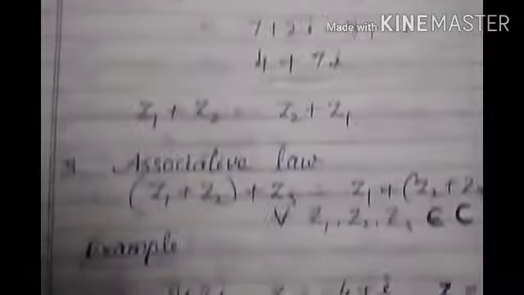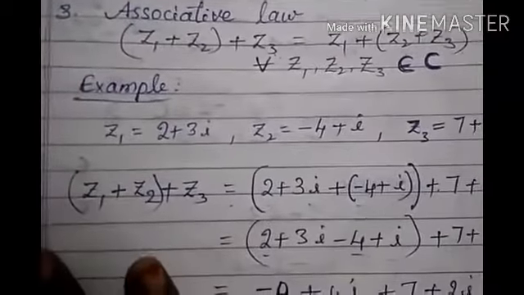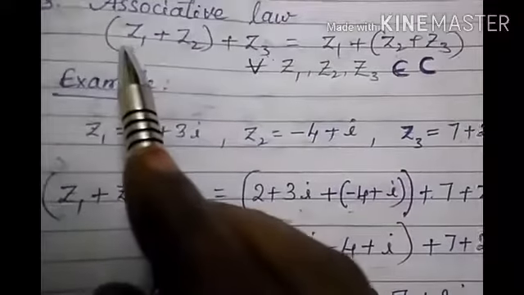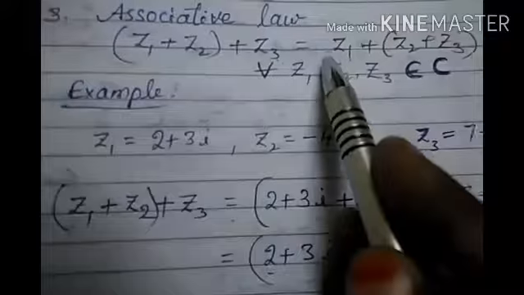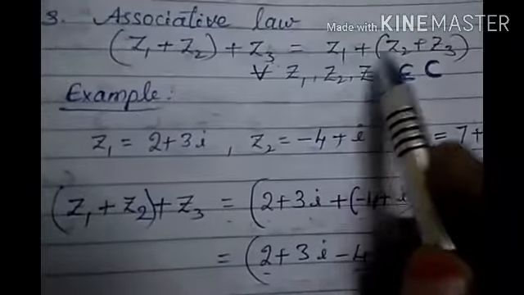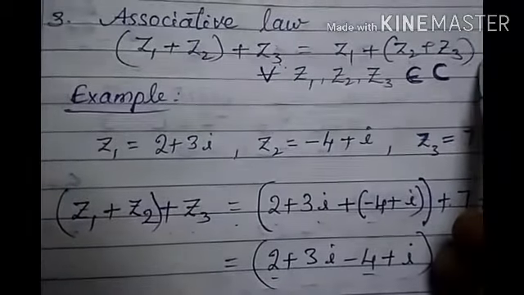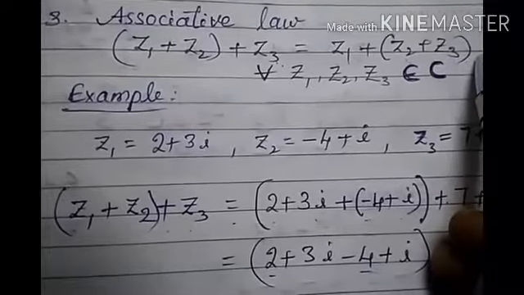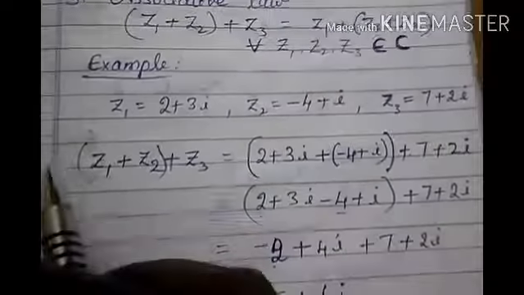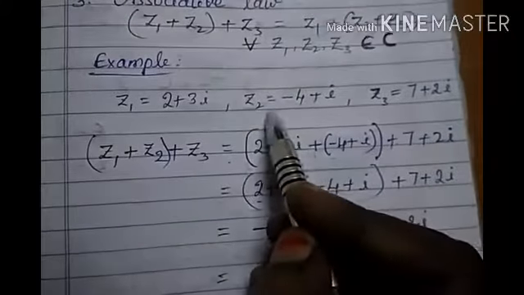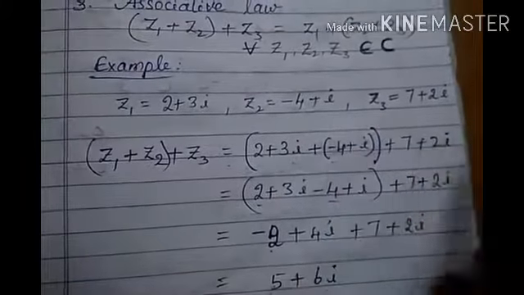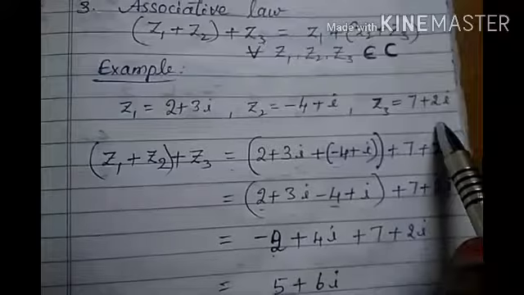Next one is associative law. For any three complex numbers, (Z1 plus Z2) plus Z3 equal to Z1 plus (Z2 plus Z3). Let us verify this by taking an example. Z1 equal to 2 plus 3i, Z2 equal to minus 4 plus i, Z3 equal to 7 plus 2i.